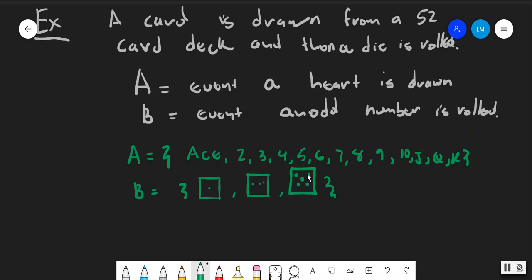Now, usually we can also indicate what it means whenever you have events that may or may not be independent or dependent. You might wonder what that even means, for something to be dependent or independent, what does that look like?